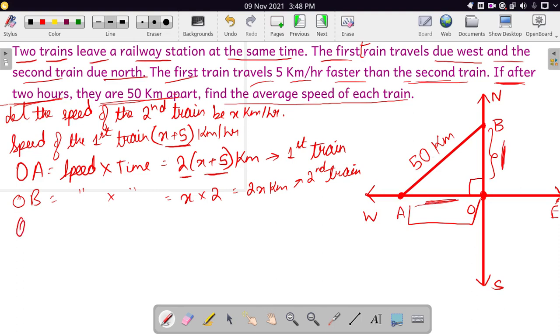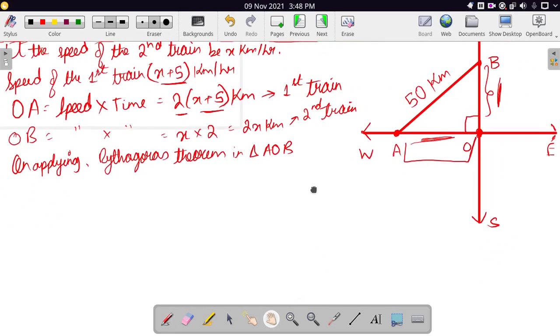So on applying Pythagoras theorem in triangle AOB, these write-ups are very important. Applying Pythagoras theorem on which triangle, these are very important.